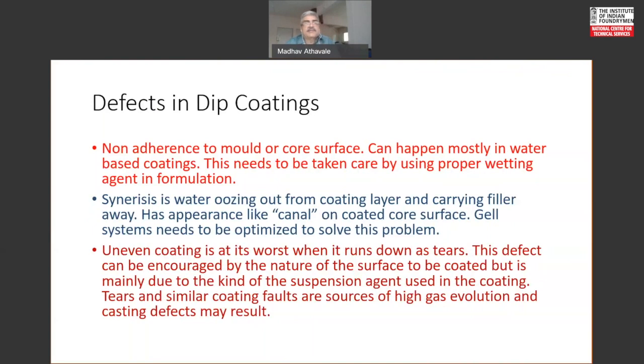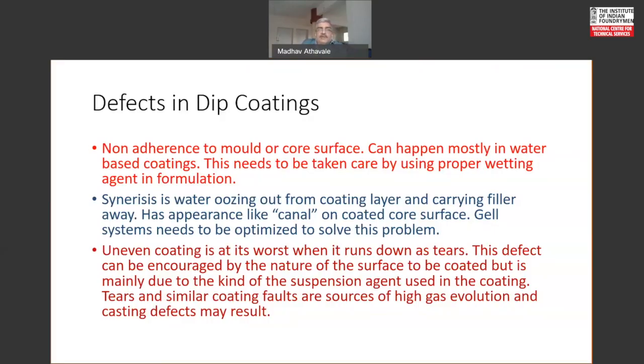Now, syneresis is another defect in which water oozes out from the coating layer and carries filler away, almost like a canal on the core surface. So that is an indication that the gel system needs to be optimized. Our people who do the formulations call it control over flocculation, deflocculation tendency of the gellants.